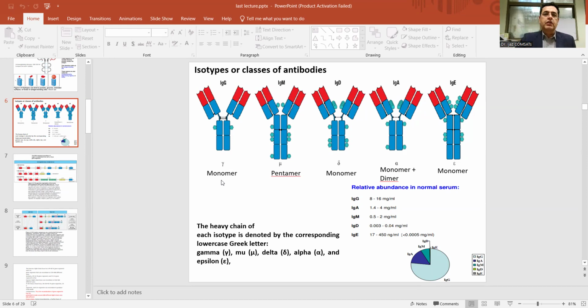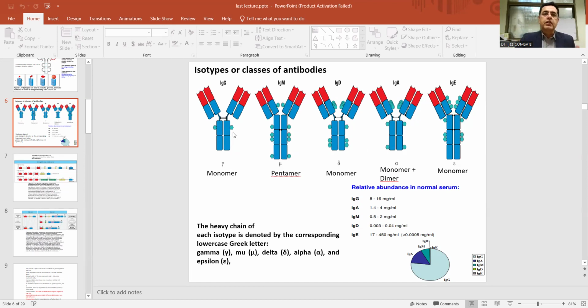If you look here at the isotypes of these heavy chains, for instance, in the case of IgG it is gamma, in IgM it is mu, these four domains that you see here. Again, you see here that it is delta in the case of IgD, and it is alpha in the case of IgA, and for IgE this chain is called epsilon.